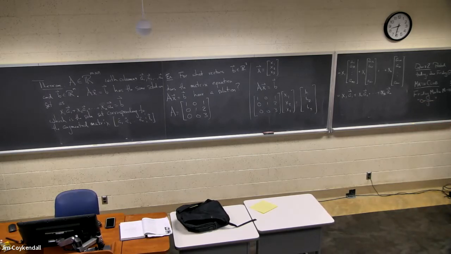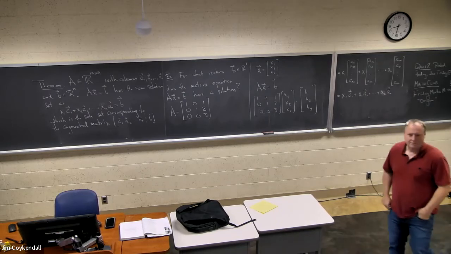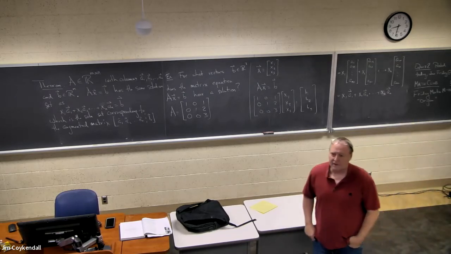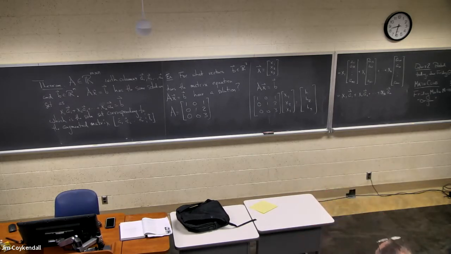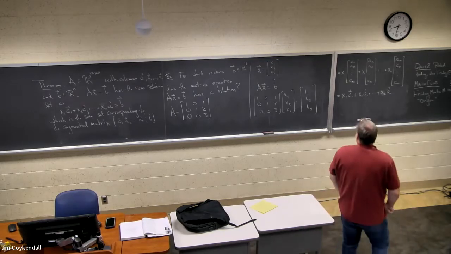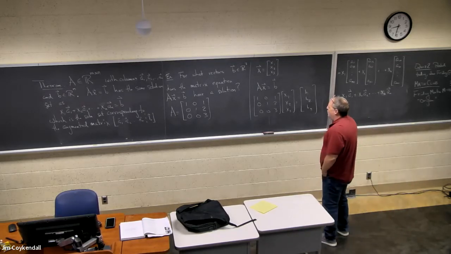Can anybody answer this? Doesn't it not have a solution, since 0 cannot equal 3 for the bottom row? Well, no, actually.